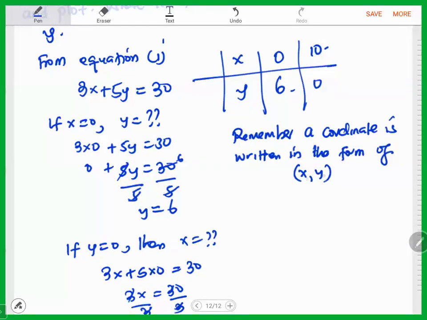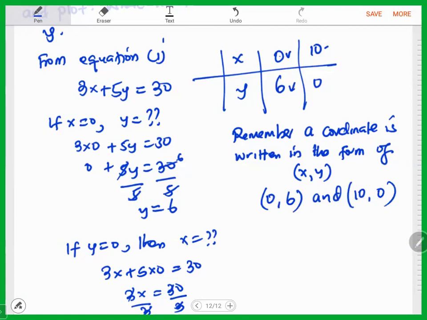X is 0, so we have 2 coordinates, 0, 6, and 10, 0. You're going to find some people writing it as 0, 10, and 0. That is wrong. You have taken two values for a single variable. So it is 0 and 6, 10 and 0. Those are the coordinates that we are supposed to plot for the first equation.